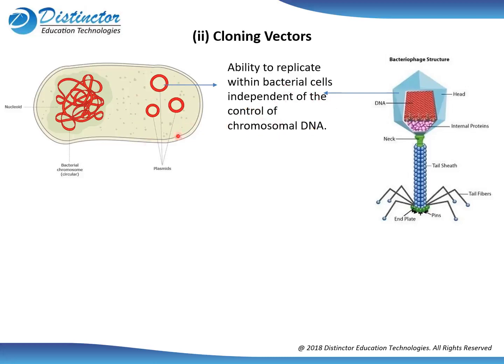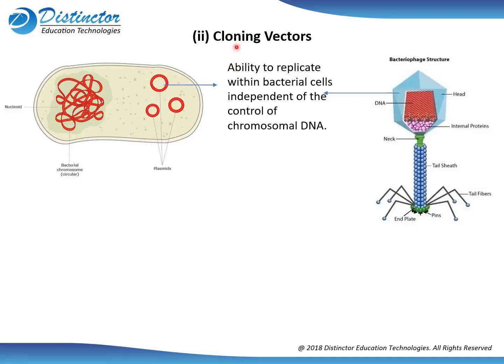A plasmid or a bacteriophage are vectors in the biotechnology field. These two are called cloning vectors because they can replicate within the bacterial cell independent of the control of the chromosomal DNA. They are not controlled by the chromosomal DNA, so they can easily replicate without any destruction.